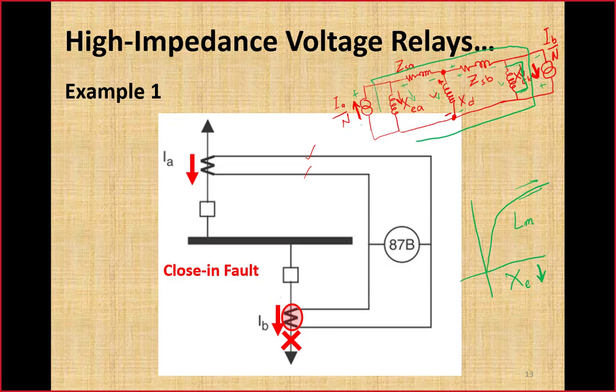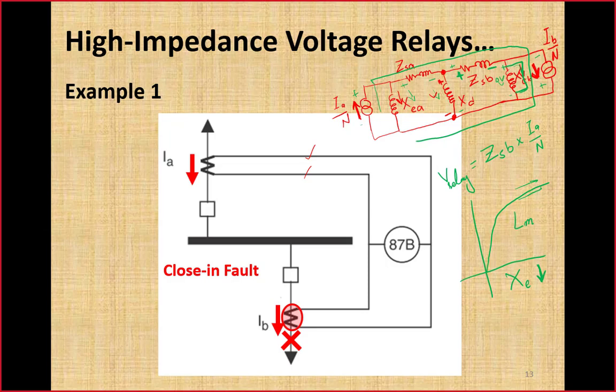Due to this, there will be a voltage drop across this high impedance branch in this polarity, plus, minus, and then this is a short circuit. Due to this short circuit, no voltage will be able to appear across these two points, so that will become 0 volt. So the net voltage that will appear across this voltage relay would be Z series of saturated CT into IA over N. So that is the voltage that will appear across the relay.